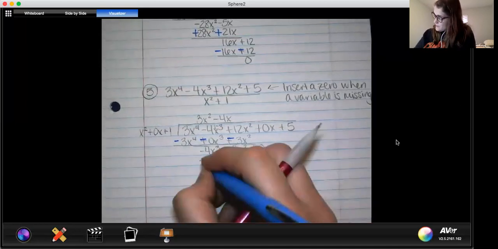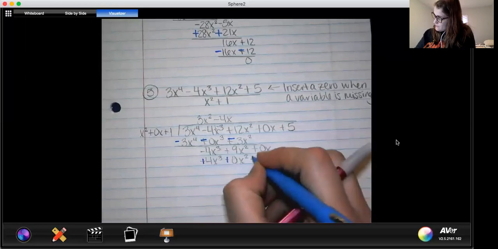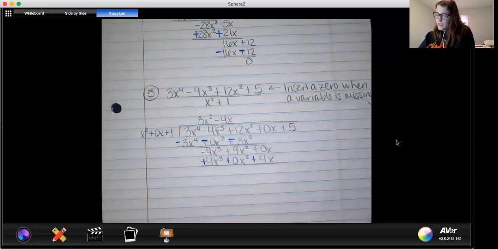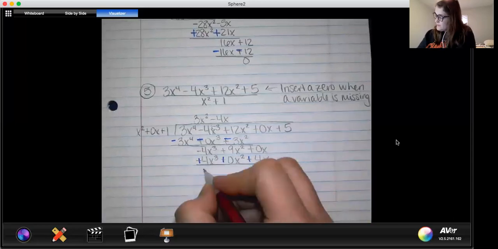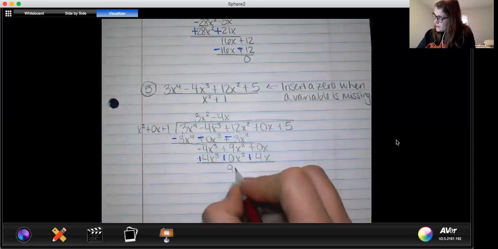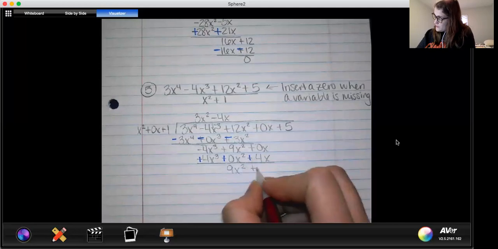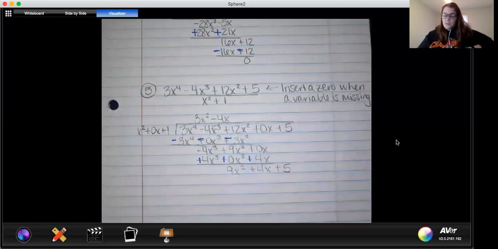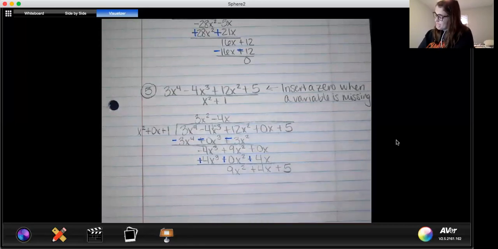Subtract my terms, which in this case means taking all my negatives and turning them positive. First term cancels, and I get 9x squared plus 4x plus 5. If I hadn't had the 0x, I wouldn't have had anywhere to put 4x. So that 0x is very important.